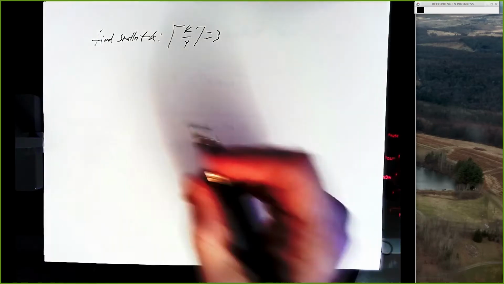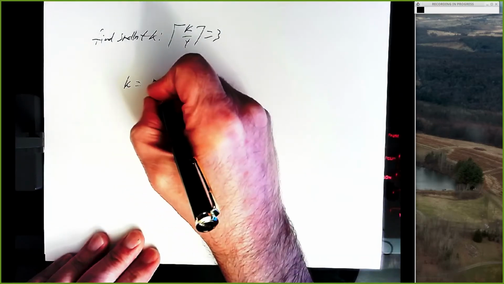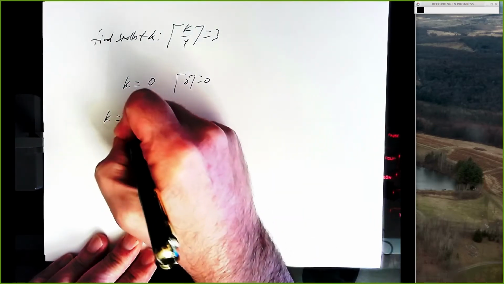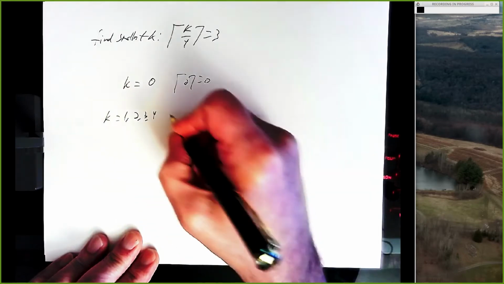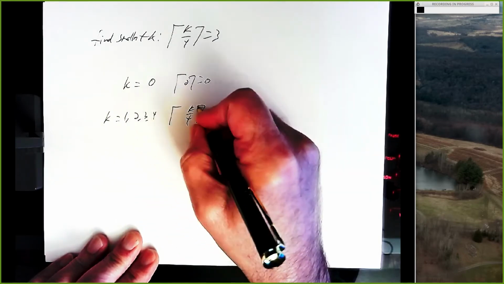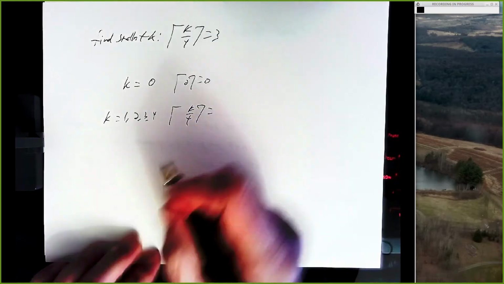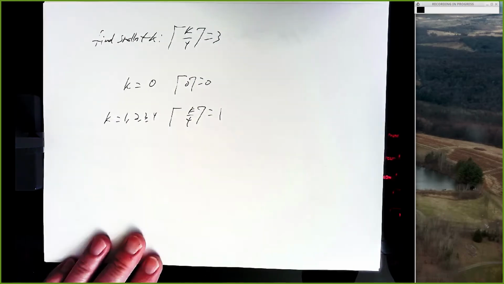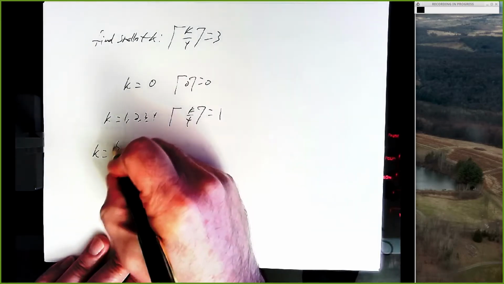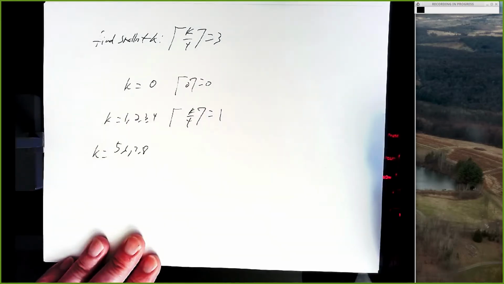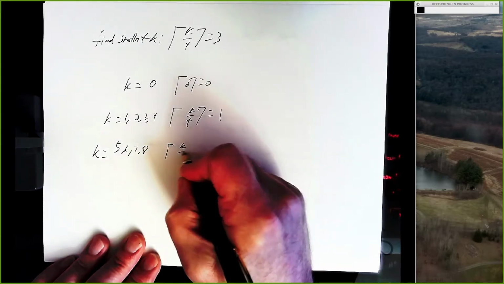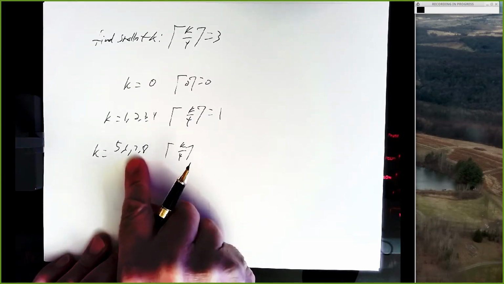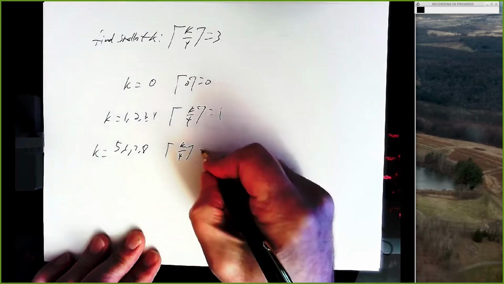So what are some values for k? k equals 0, ceiling of 0 is 0. If k is 1, 2, 3, or 4, ceiling of k over 4 will be the ceiling of 0.25, 0.5, 0.75, 1. That's going to be a 1. If k is 5, 6, 7, or 8, k over 4 is going to be 1.25, 1.5, 1.75, or 2, so this is going to be 2.